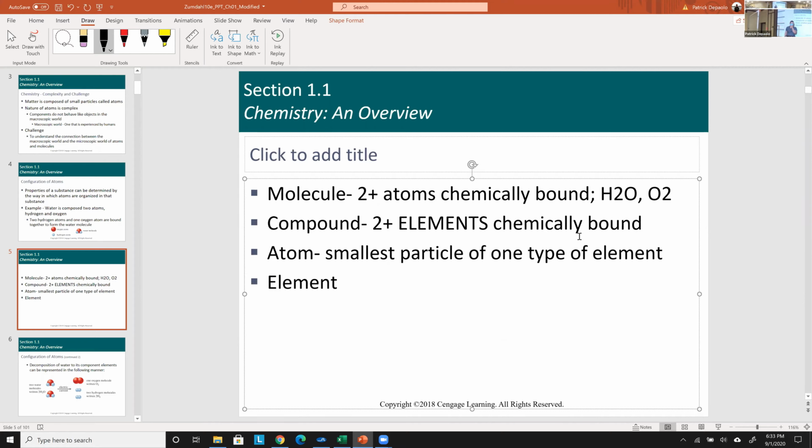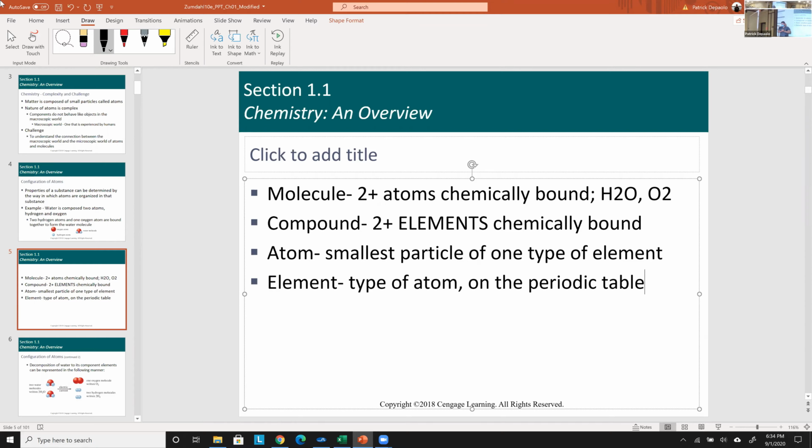Your periodic table is probably made of a lot of atoms, but there's no atoms on the periodic table. There are elements on the periodic table. There's 118 of them. So an element is the type of atom on the periodic table. That is the thing that we need to know.